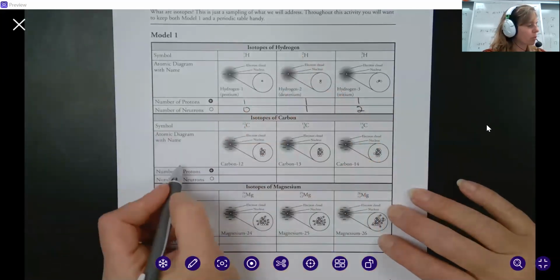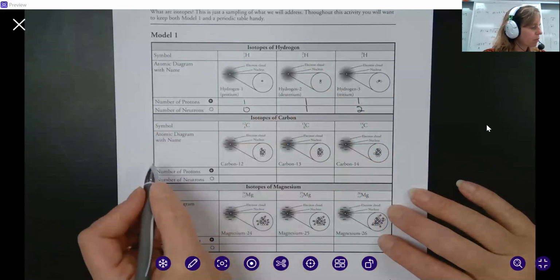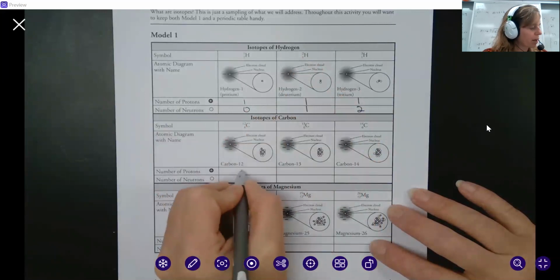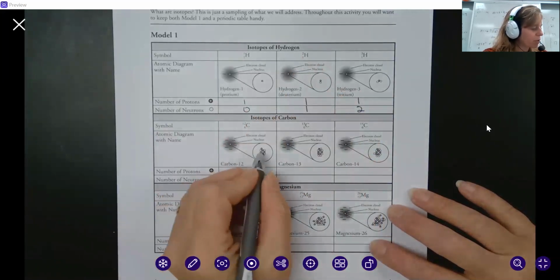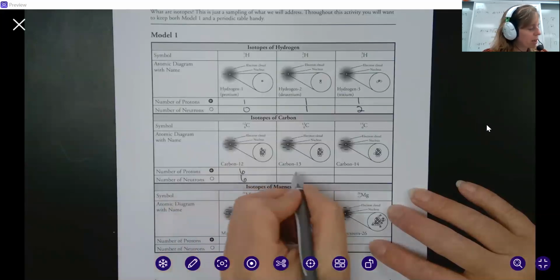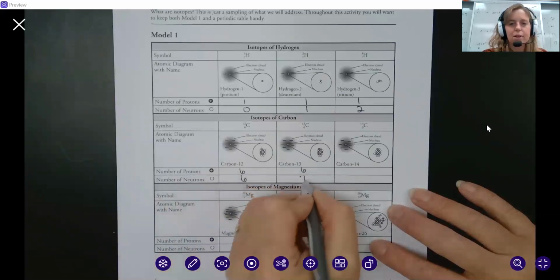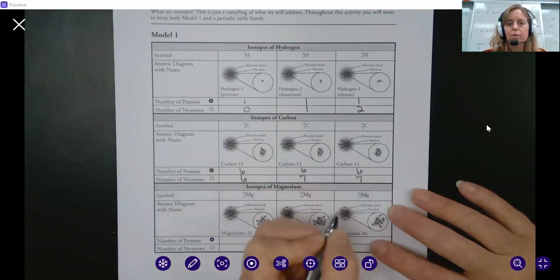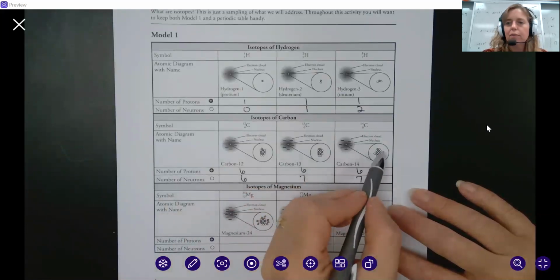Go down to the next one, okay? You count the number of protons here, and for carbon, you're going to have 6. Then you count the circles for the neutrons, and you're also going to have 6. Move to the next one, you have 6, and then you have 7, okay? You're counting all those little individual circles.